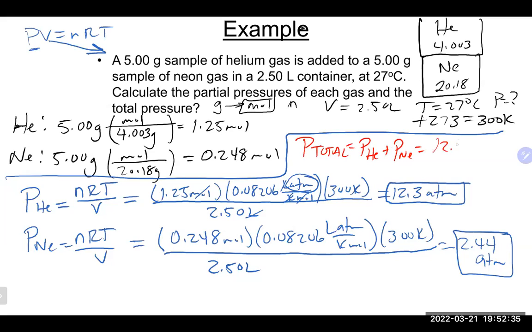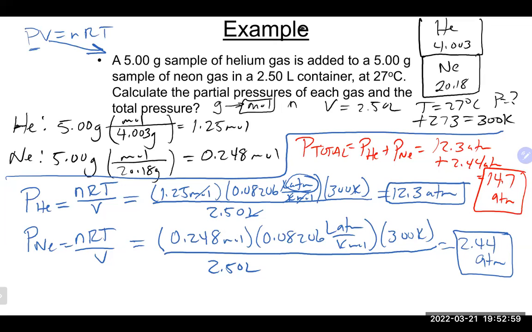That is 12.3 atmospheres plus 2.44 atmospheres. And that gets us something in the ballpark of 14.7 atmospheres would be the total pressure of this mixture.